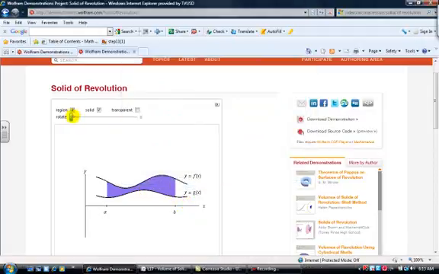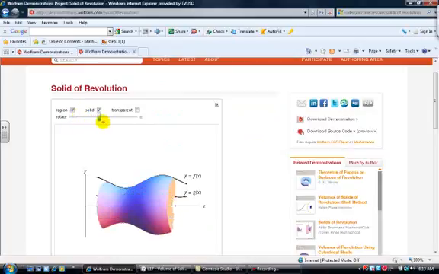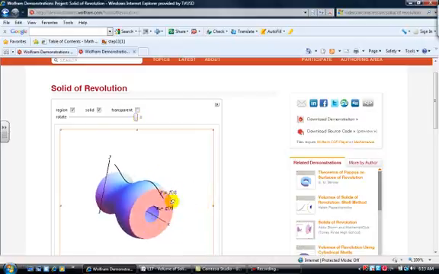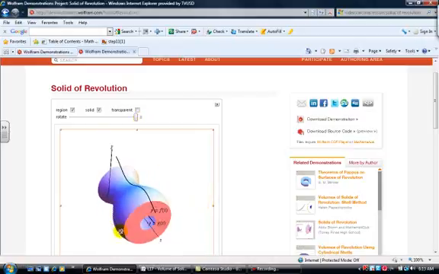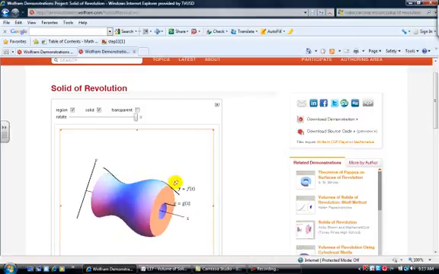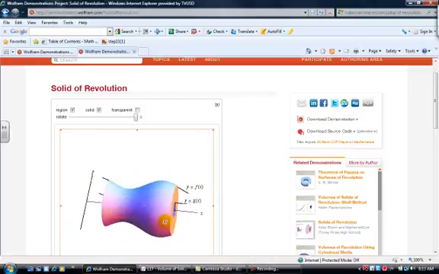If you start revolving the area that we defined here around the x-axis, you'll see it becomes a solid with a hole through the middle. Let me see if I can rotate this for you. So it has a very specific shape, and the shape is defined by the two given curves.